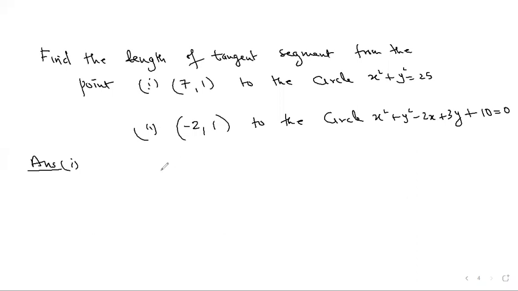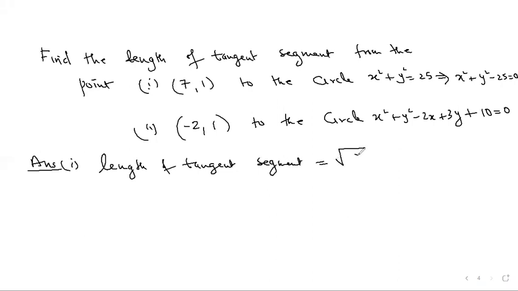First you have to make the equation of circle equal to 0. This is x square plus y square minus 25 equal to 0. So length of the tangent segment is root S1. S stands for equation of circle.